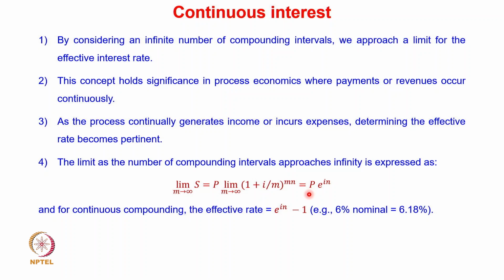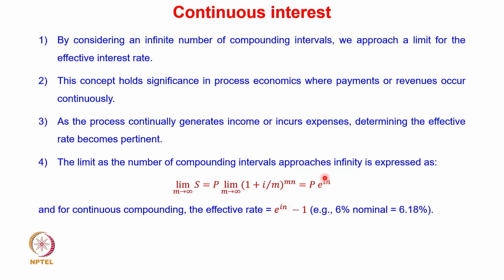This concept is extremely useful whenever we have continuous payments or revenues occurring, where payments or revenues are coming in continuously. In such cases, this continuous interest is important. As the process continually generates income or incurs expenses, determining the effective rate becomes pertinent.